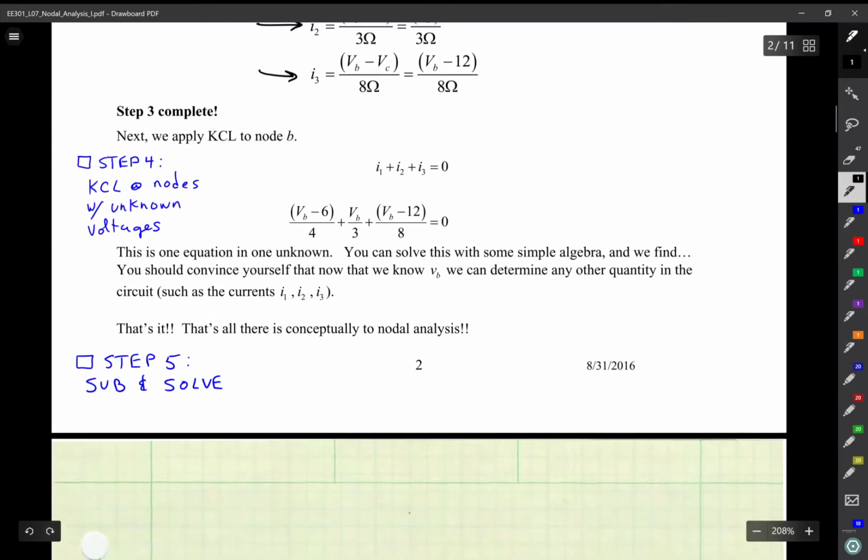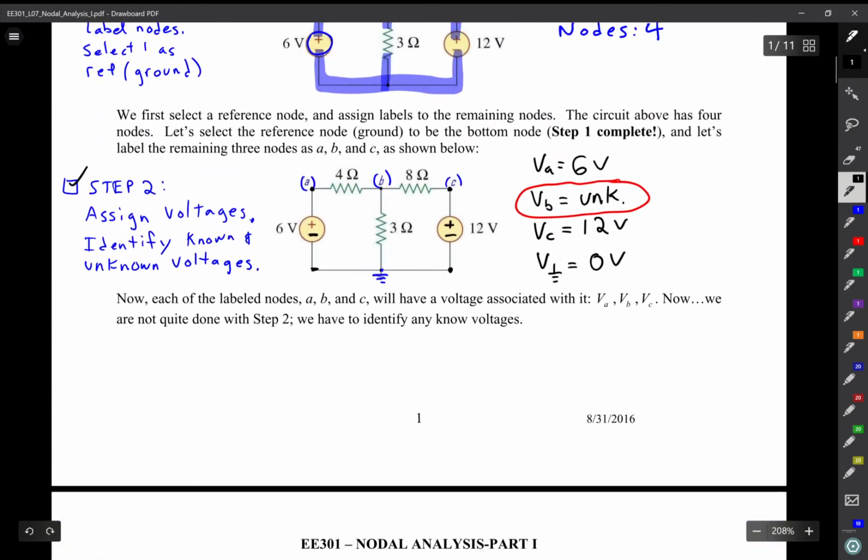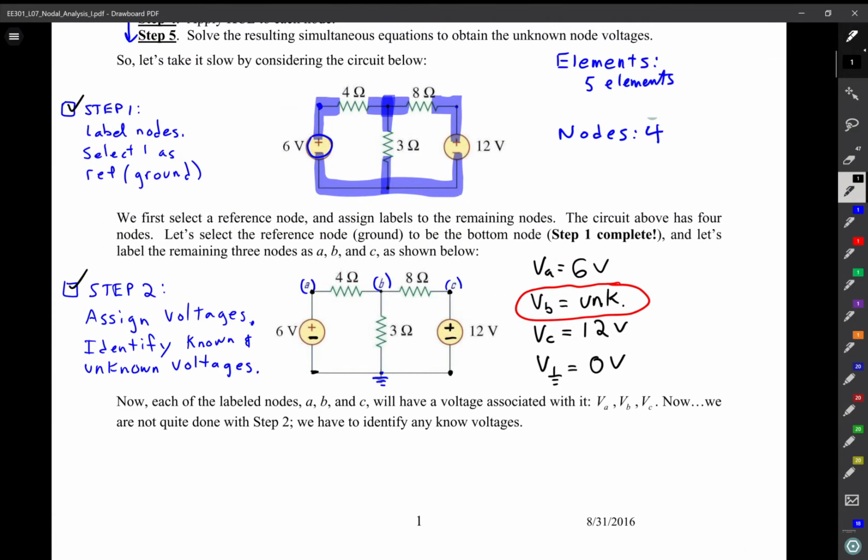Next, we want to apply Kirchhoff's current law at the nodes with unknown node voltages. This is where we may need to go back and take a look at what my unknown node voltages are. We've identified VB as the unknown node voltage.